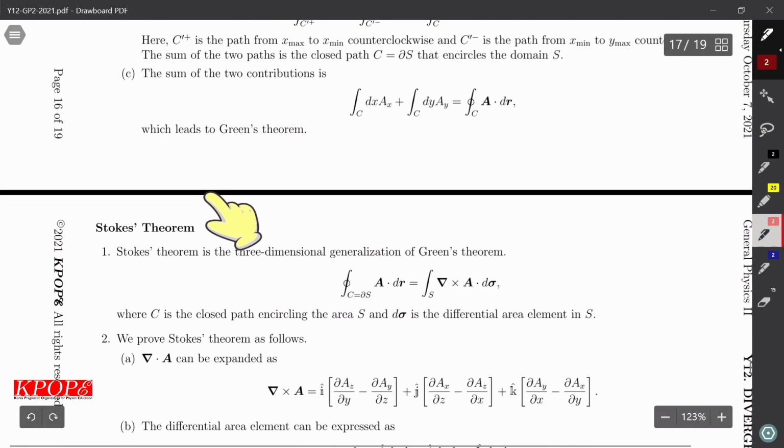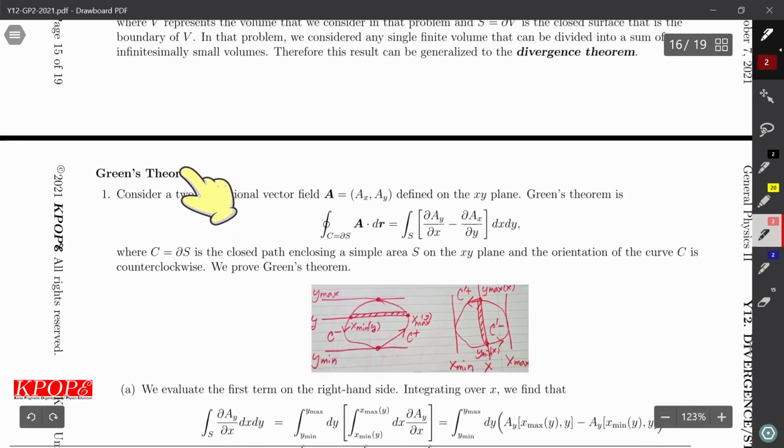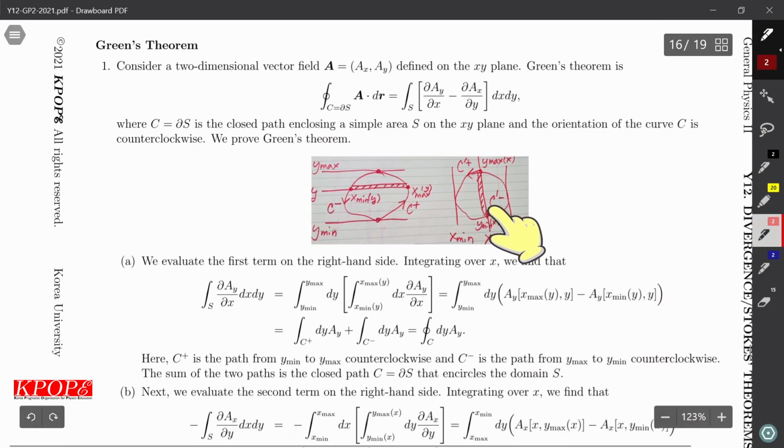So I hope you can follow the whole derivation of Green's theorem, which is for the two-dimensional plane. And this is the z component, the third component of a curl.